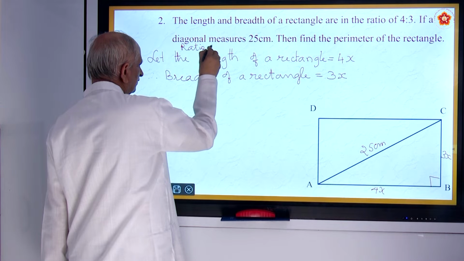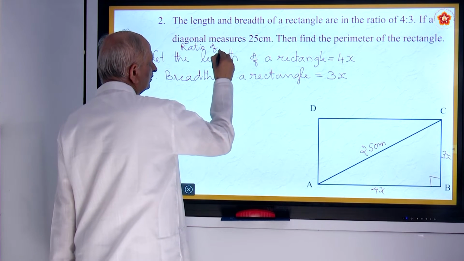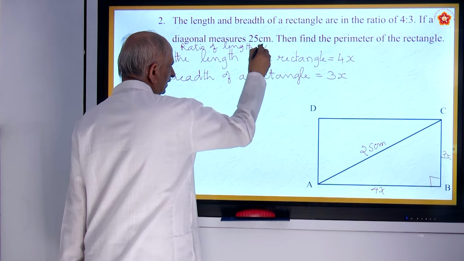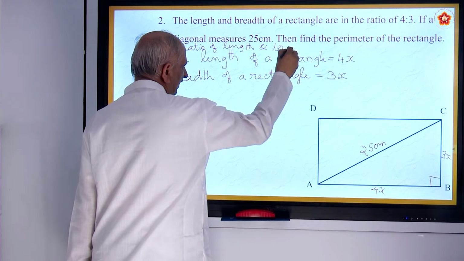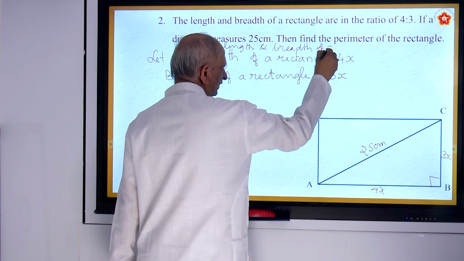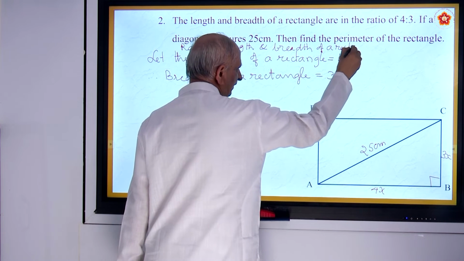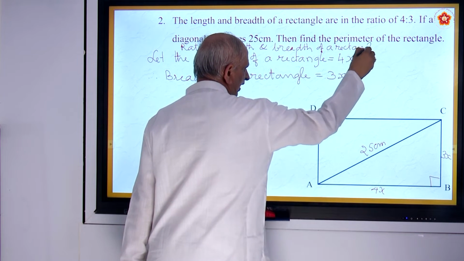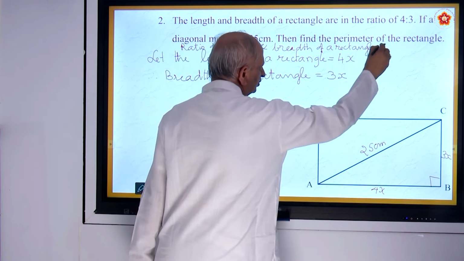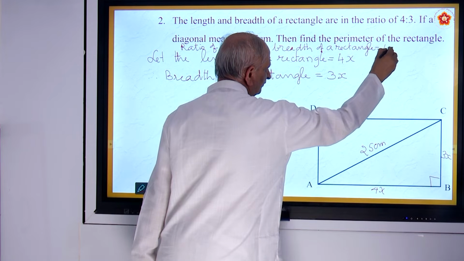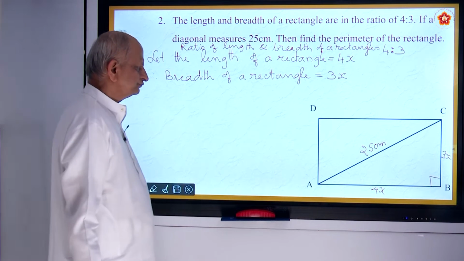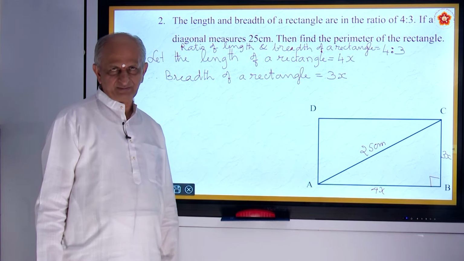Ratio of length and breadth of a rectangle. What is a rectangle? It is a special type of parallelogram having opposite sides equal and parallel. Ratio is going to be 4:3. Is to means what? Ratio. Your length is 4, breadth is 3.